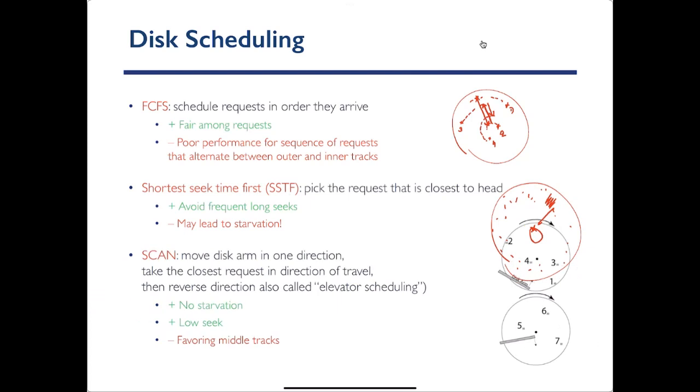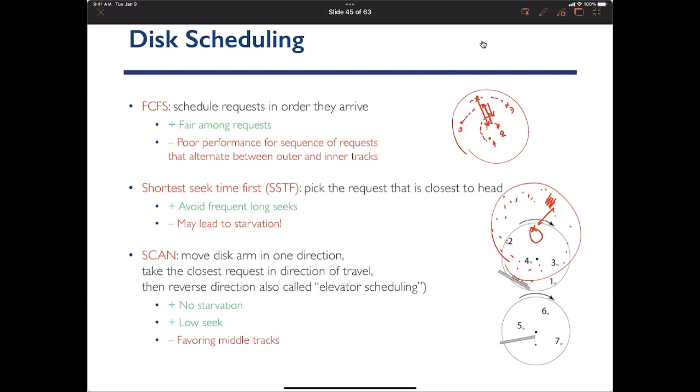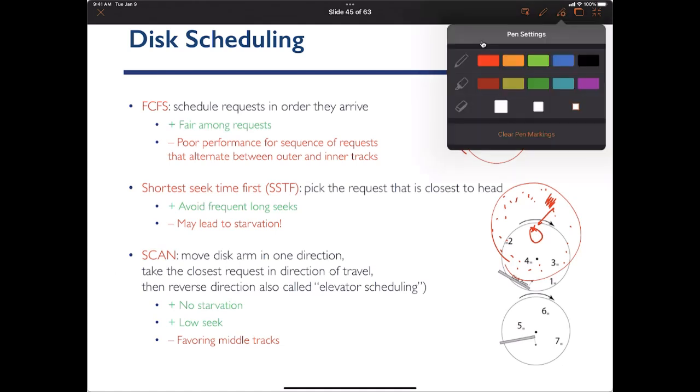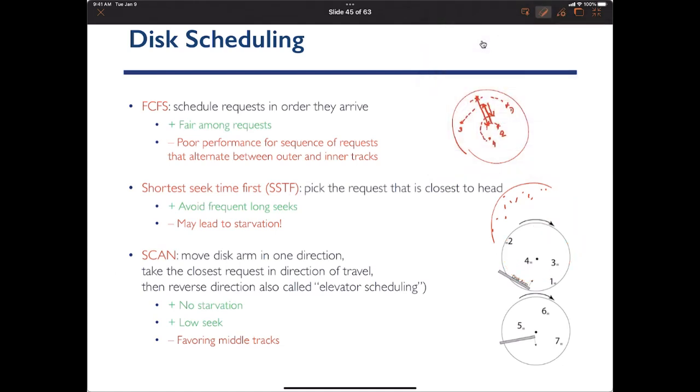One approach that has been proposed is basically doing a scan. With the scan, the arm moves from the outer track to the inner track and then goes back from the inner track to the outer track.